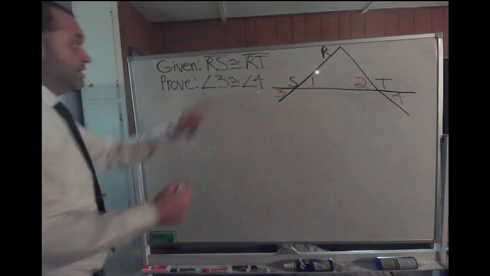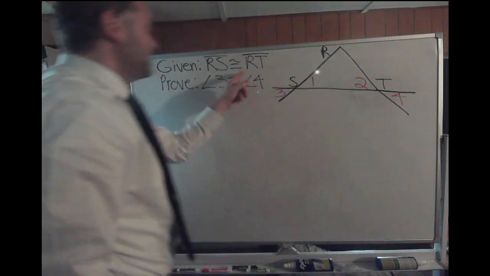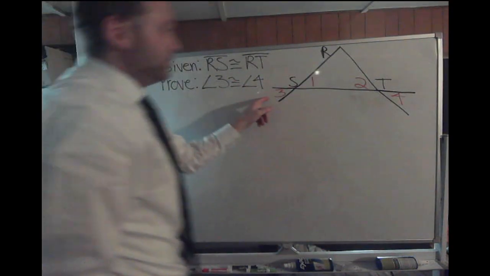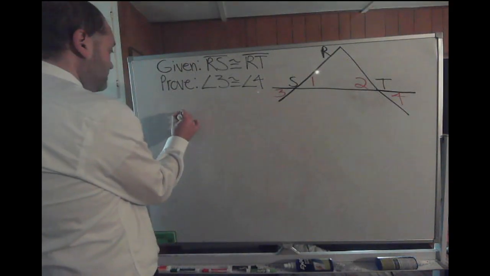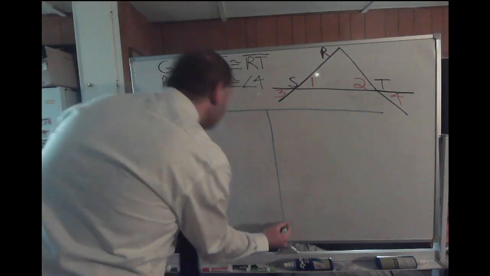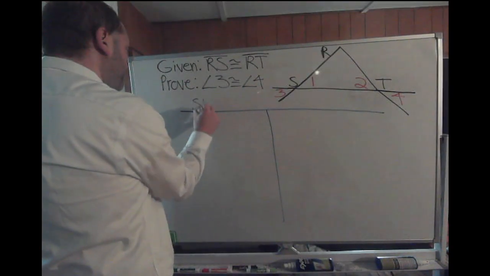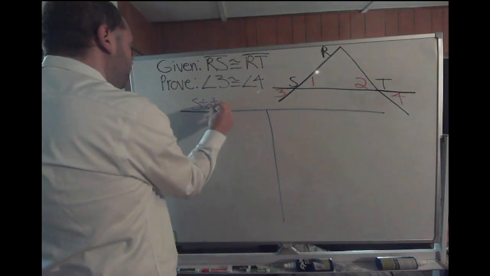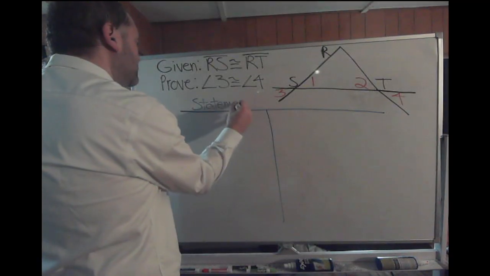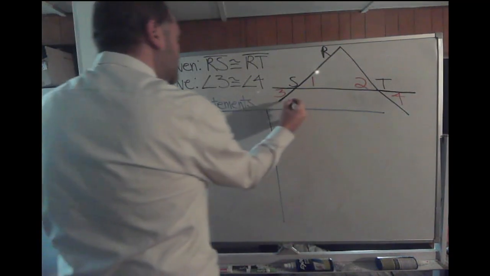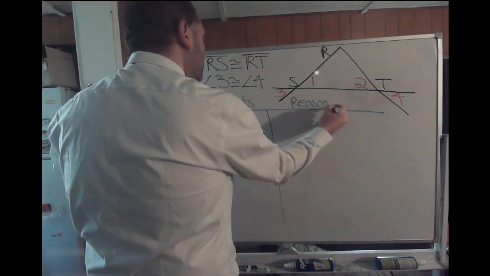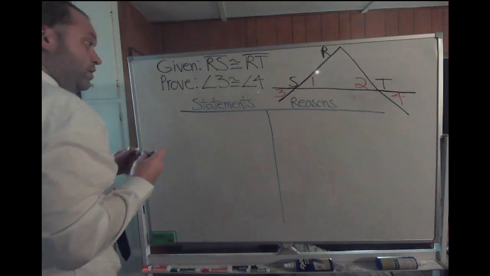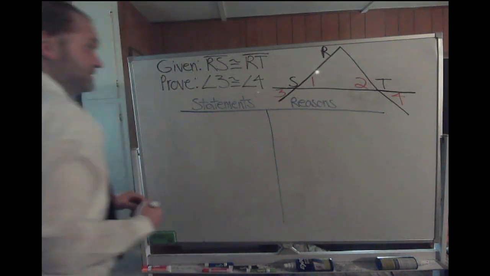So we're given that side RS is congruent to side RT. We need to prove that angle 3 is congruent to angle 4. So let's go ahead and set up our columns again here. Alright, so we have our statements and reasons.